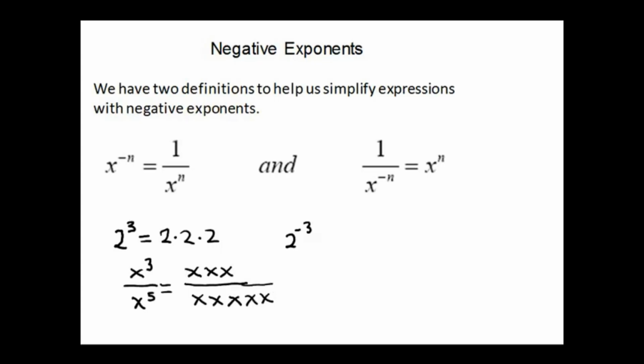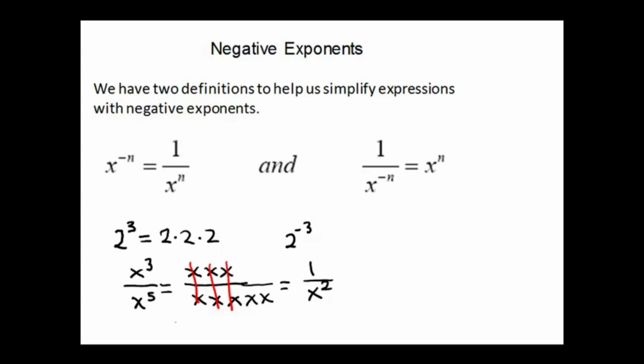And once you have products, you're allowed to divide out common factors. And so I have 2 x's left in the denominator. Remember, if everything divides out of the numerator, then it's a 1. You have to write the 1. So we know this is the right answer to this problem. The picture does not lie.